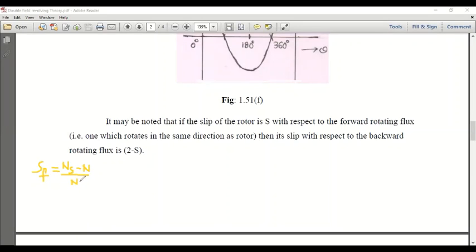This is nothing but the slip. You know the slip definition. So this is S.